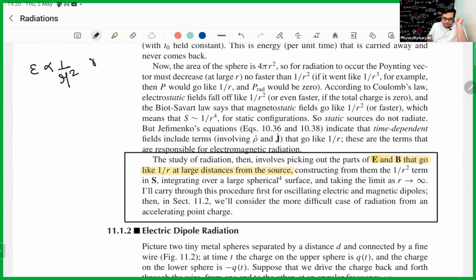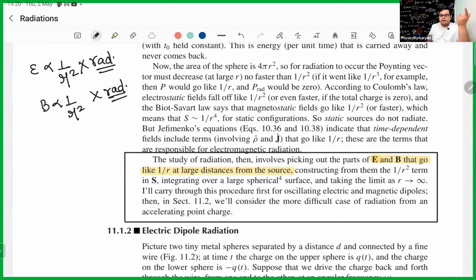It will not give radiations. This is not a radiation because it's an electrostatic field. If you have magnetic field, that is also 1 by R square, that will also not give radiation, because that is static magnetic field.